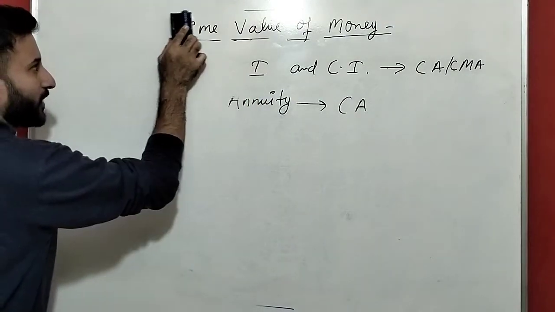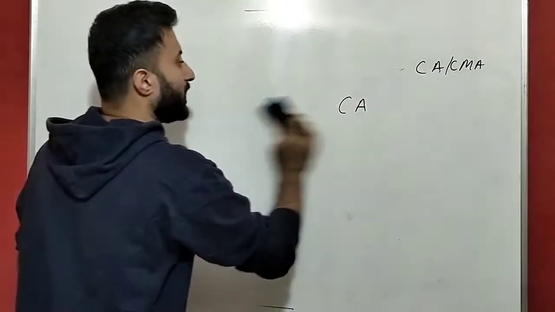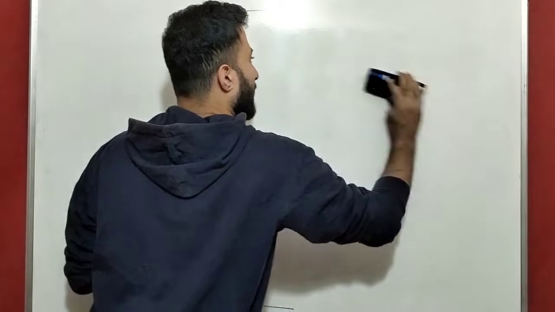I will not write time value of money. I will write simple interest and compound interest, then I will write annuity.